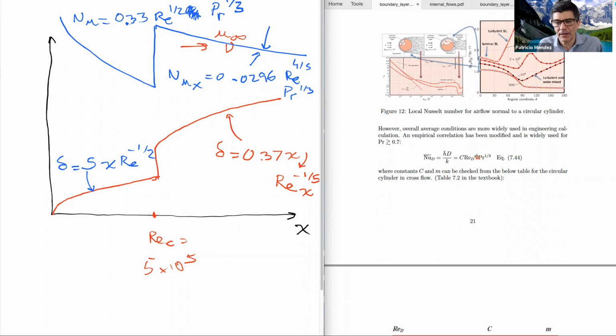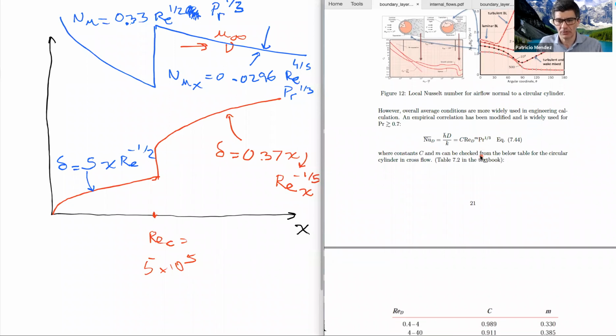And this m factor here indicates that, because at low Reynolds numbers m is more or less 1/2, which is very comparable to the exponent of Reynolds in a flat plate in laminar flow. But when the cylinder is at high Reynolds number, which is very turbulent, the exponent m is more or less 0.8, which is comparable to the 0.8 for heat transfer correlations for a flat plate in turbulent conditions.